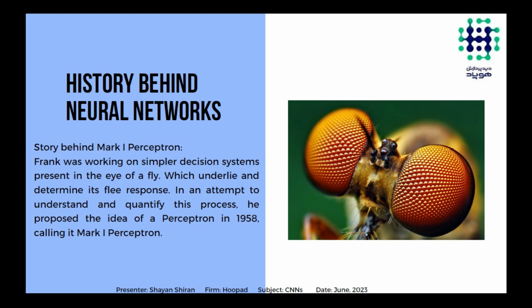Frank Rosenblatt was working on simpler decision systems, like the ones present in the eye of a fly. These simpler decision systems determine these kinds of creatures' flee responses. So, in an attempt to understand and quantify this process, he proposed the idea of a perceptron in 1958, calling it the Mark I Perceptron.